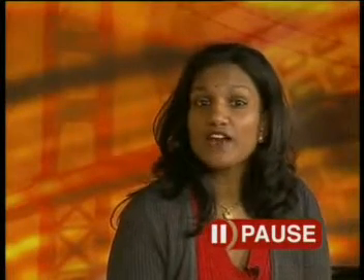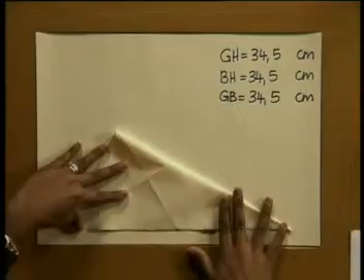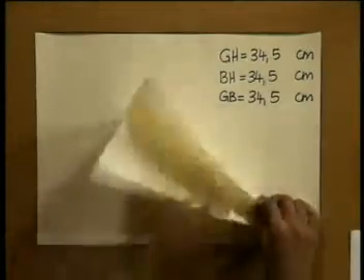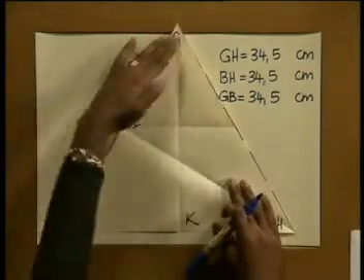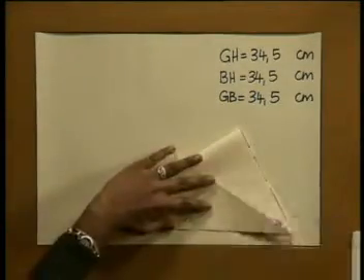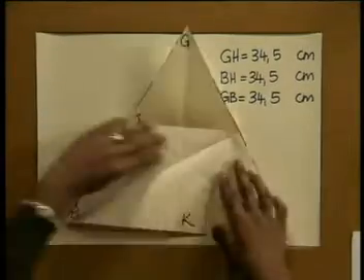Do you think we can find more lines of symmetry in the equilateral triangle? Let's have a look. So did you see that the equilateral triangle has 3 lines of symmetry?